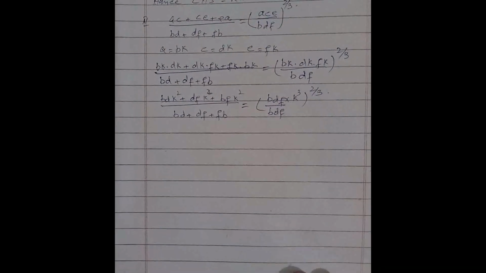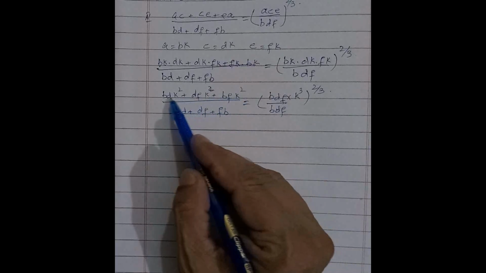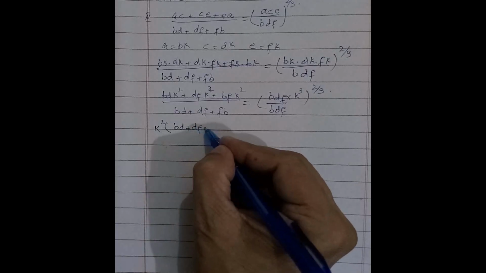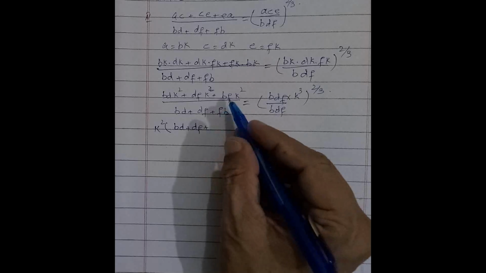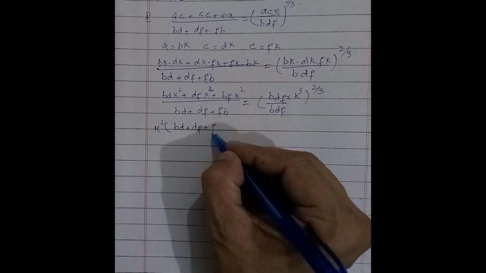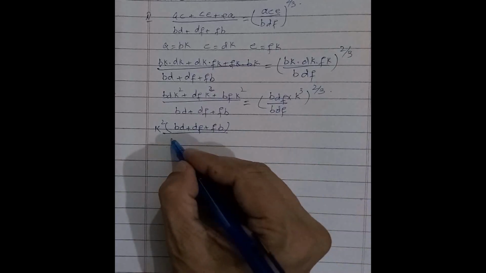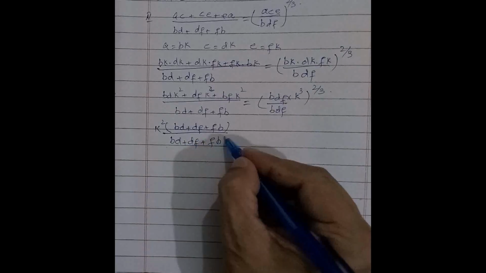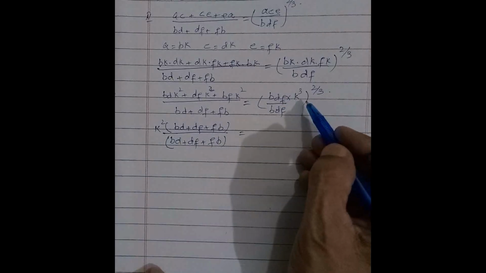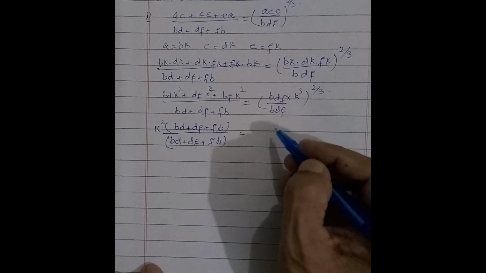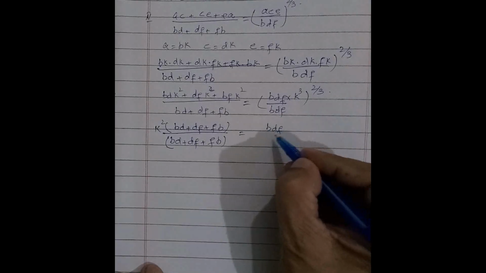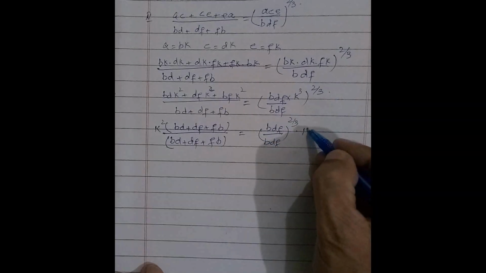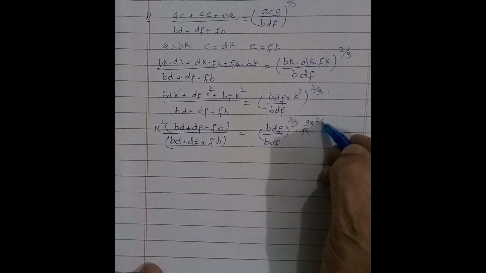Now further, when simplifying the values, we take common k squared, and the remaining values are BD plus DF plus FB over BD plus DF plus FB is equal to, these values enclosed in the bracket, BDF over BDF whole power 2 over 3 into k cubed whole power 2 over 3.